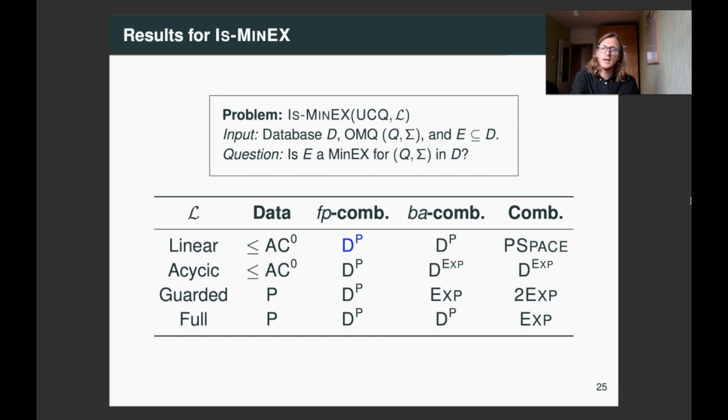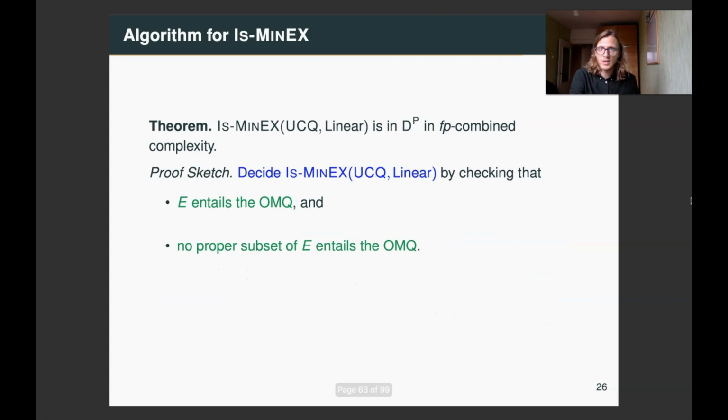Okay, so DP just is a class of problems that are decidable with a single NP call and a single co-NP call.